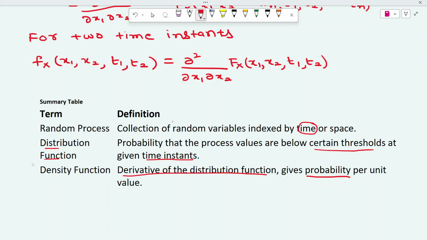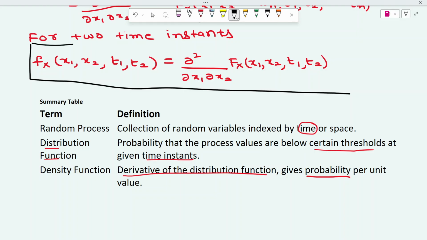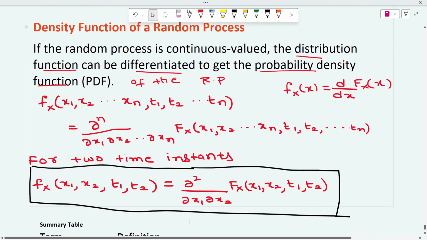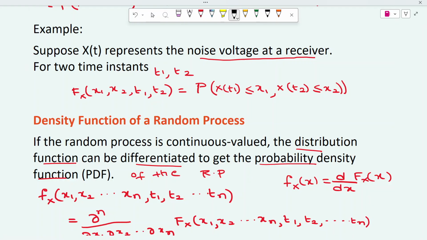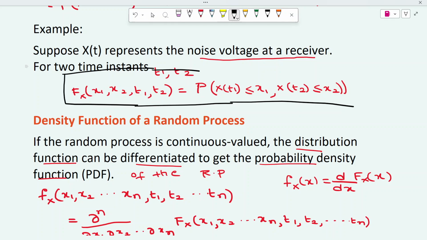So these are the definitions of the density function and distribution function of a random process. For the two variable case, this is how we define the density function, and similarly this is how we define the distribution function of the random process. These are very useful while defining the stationarity of a random process.